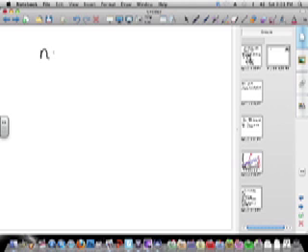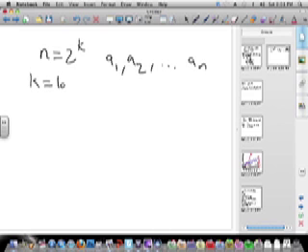Assume that there are n equals 2 to the power of k elements in a given list from a1 to an. k equals log of n in this case. The list can be considered part of a larger list with 2 to the power of k plus 1 elements.